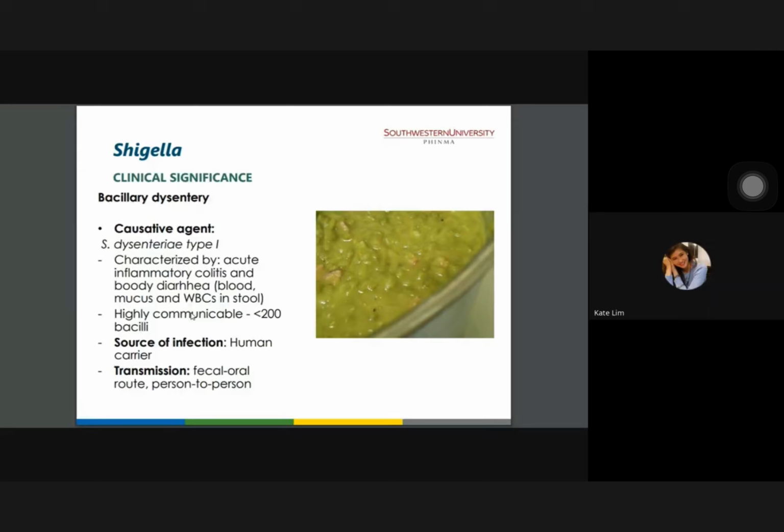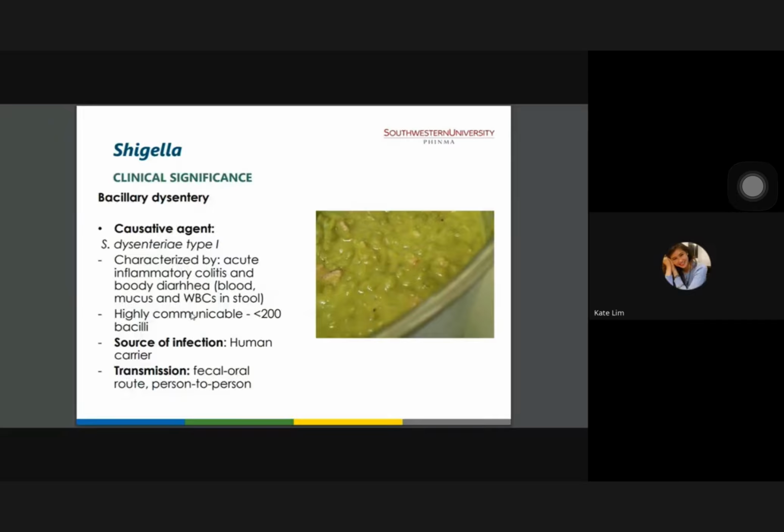Therefore, the causative agent of shigellosis is Shigella dysenteriae type 1. This is the specific serotype of Shigella that is known to cause severe forms of dysentery. Bacillary dysentery here is characterized by the following.